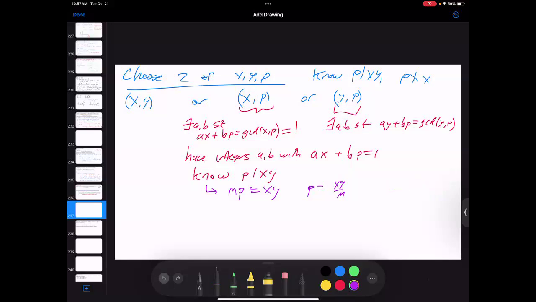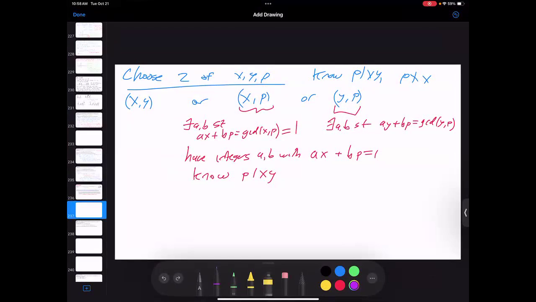So I need to get an X times Y. I have AX plus BP equals 1. How can I get an XY from that? What could I do? Thoughts?